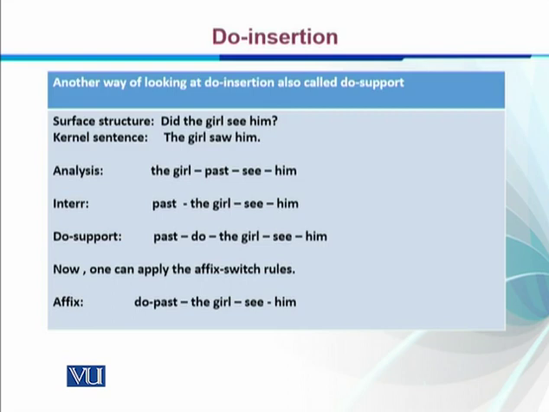Then we add do support. So we have past and do, and the girl see him. Now we can apply the affix switch rules. So do support is, do past is did, and the girl see him. So we get the sentence, did the girl see him, right?